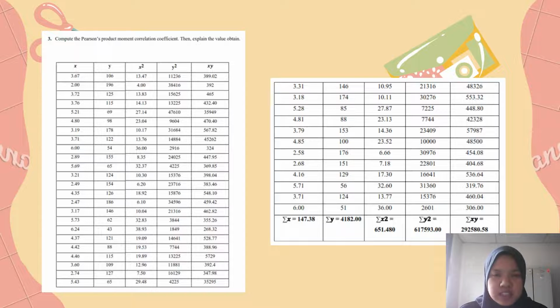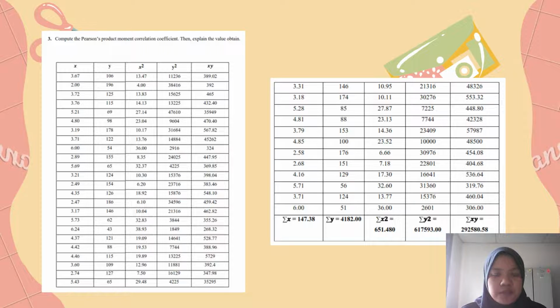Next, I would like to present question 3, the product moment correlation coefficient table. X squared, y squared, and xy must be related, and you can see the table. There are 5 columns which show the total of every column.